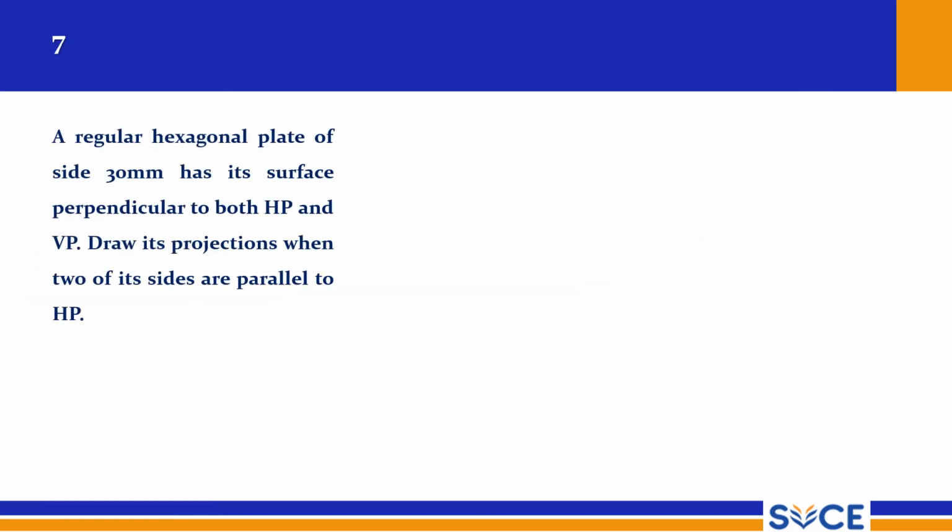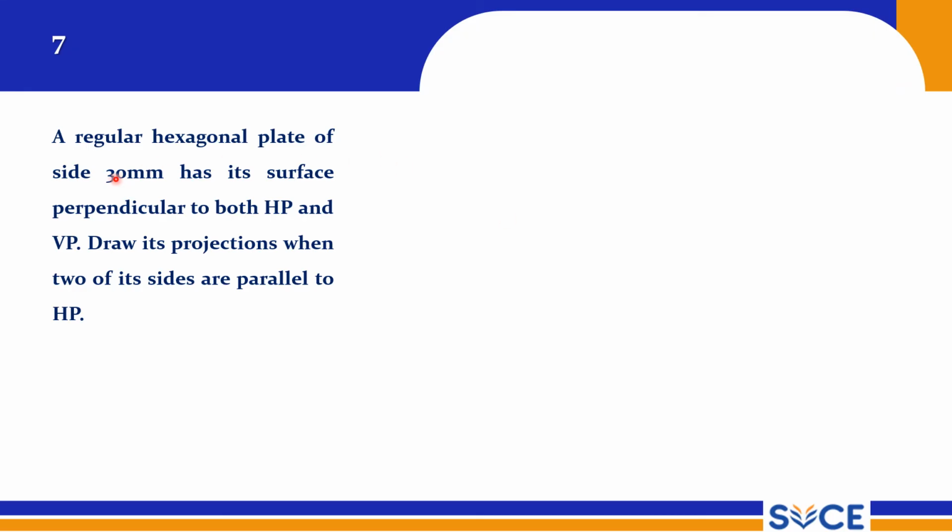Seventh problem: a regular hexagonal plate of side 30 mm has its surface kept perpendicular to both HP and VP. This is the kind of problem where the surface is perpendicular to both HP and VP. Draw its projections when two of its sides are parallel to HP.